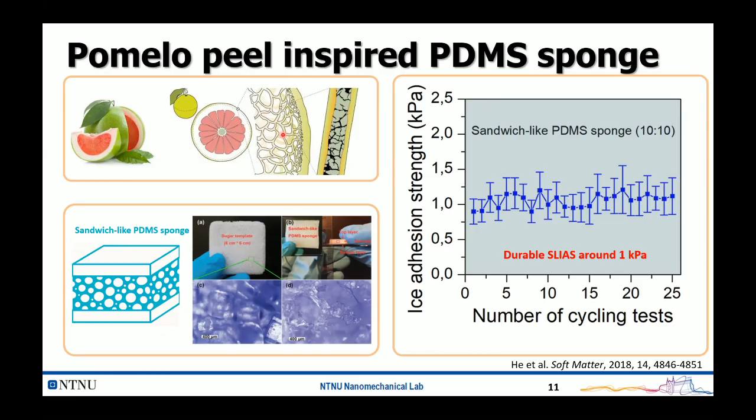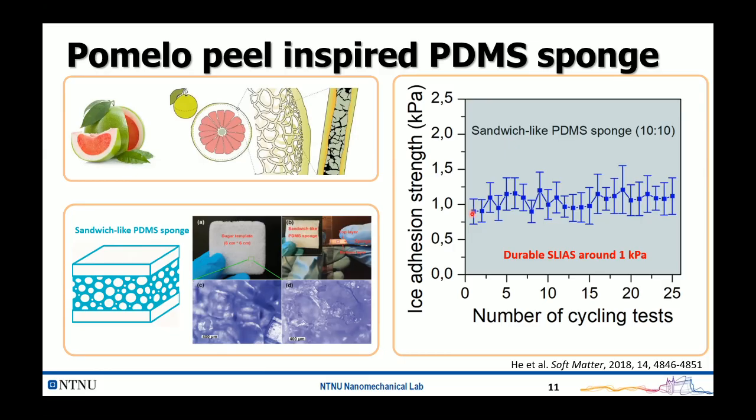So inspired by that, we designed a three-layered silicone sponge. We have top and bottom surfaces, which are smooth and compact, to protect the middle layer, while the middle layer is a porous structure to provide this MASI effect. So the middle layer is responsible for mechanical compliance, and the top layer is protecting the middle layer from water or ice invasion.